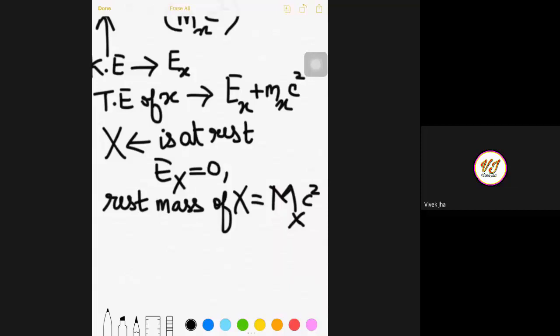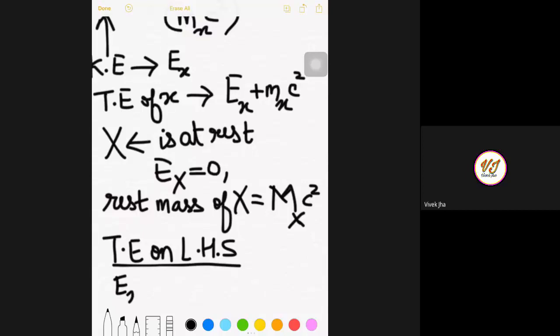So the total energy of the reactants, the total energy on the LHS, is going to be the projectile energy, which is E small x plus m small x into c square, plus m capital X c square. Is this clear?